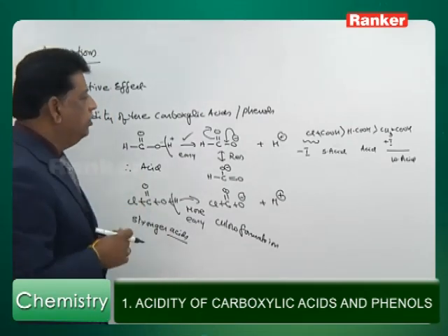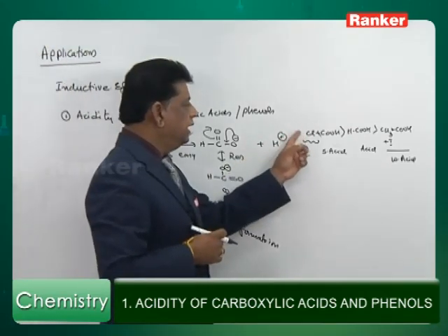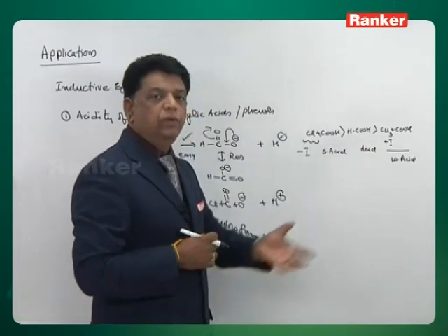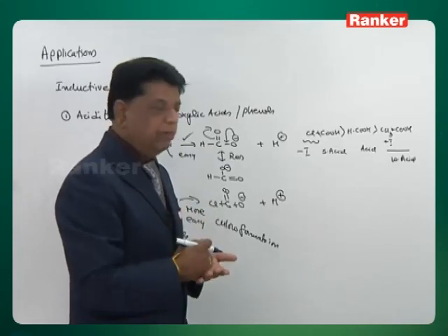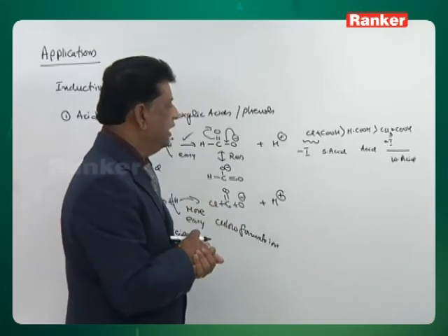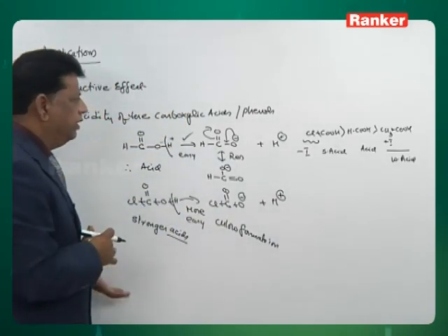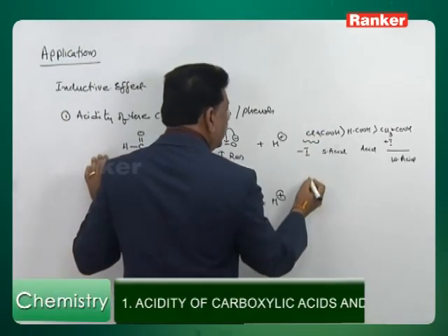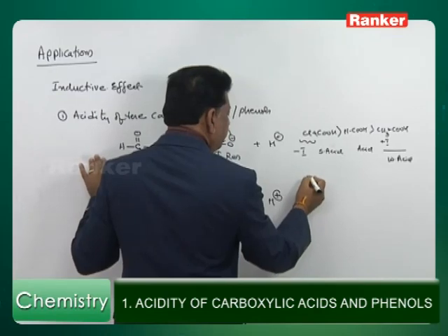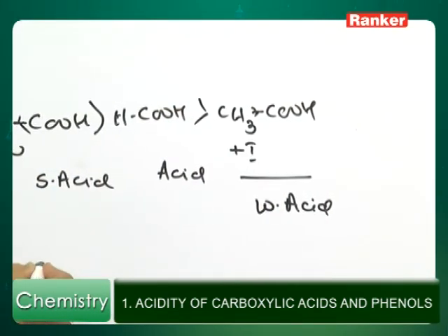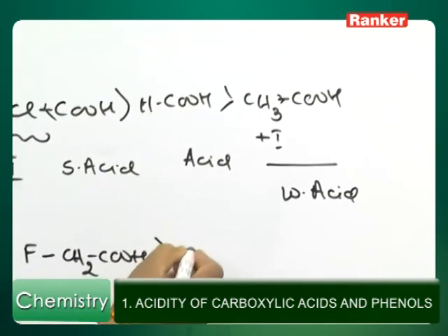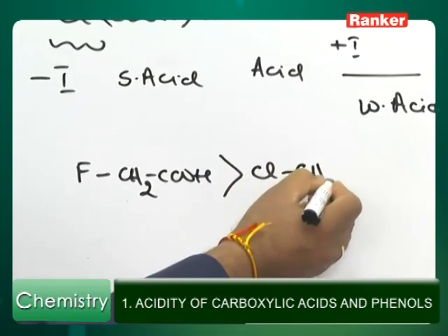In general, any carboxylic acid containing a minus I group is stronger, and any plus I group like methyl, ethyl, propyl gives weaker acids. You can take a huge number of examples. For example, within the halogens we have a fluorine containing acetic acid and a chlorine containing acetic acid.